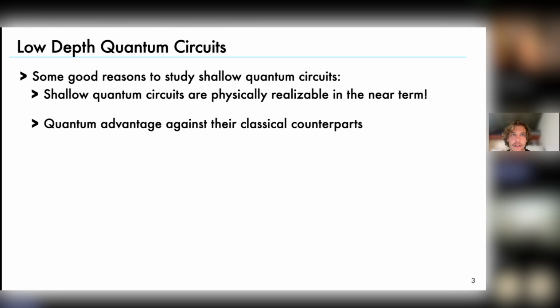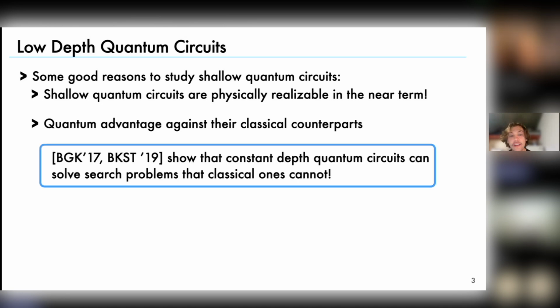The second reason to study these circuits is that they might provide us some examples of quantum advantage. In particular, there's a pretty recent line of work initiated by Bravyi, Gosset, and König in 2017, and then Bene Watts, Kothari, Schaeffer, and Tal in 2019, where in both cases they give a search problem, meaning one input and potentially many correct outputs, that is solvable by a constant depth quantum circuit, but is very far from being solvable by a constant depth classical circuit.